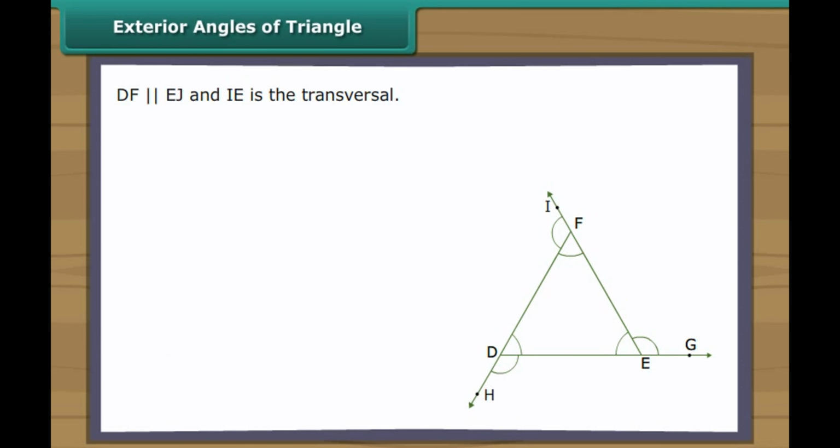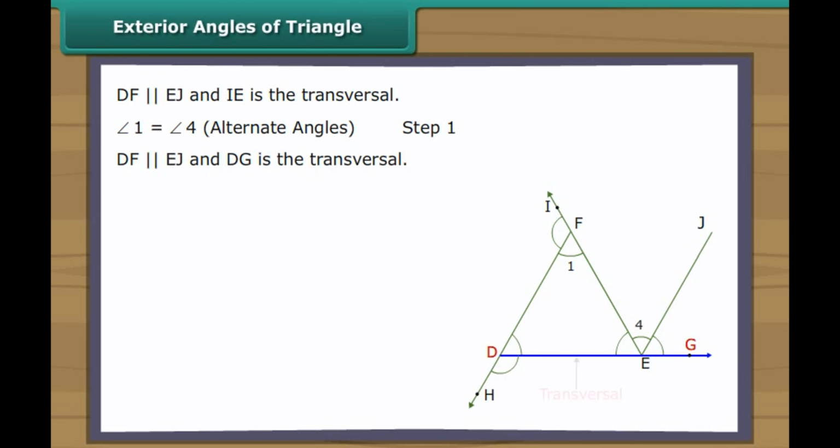We draw a line segment EJ from point E such that EJ is parallel to DF. If we regard IE as a transversal intersecting the parallel lines DF and EJ, angle 1 is equal to angle 4, alternate angles.